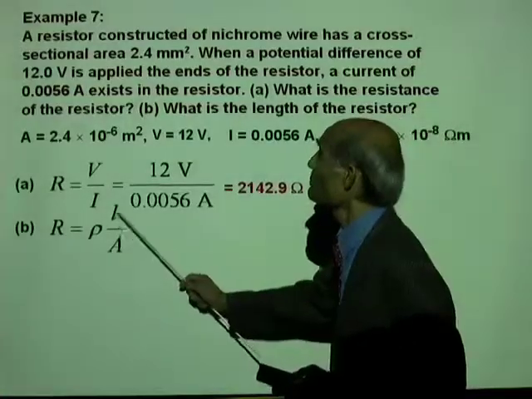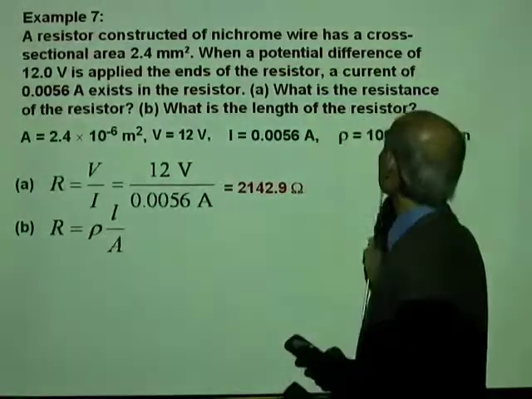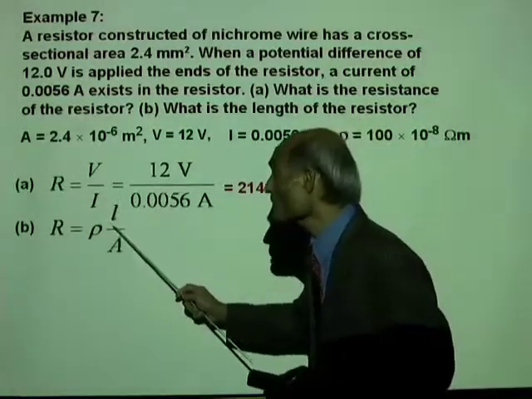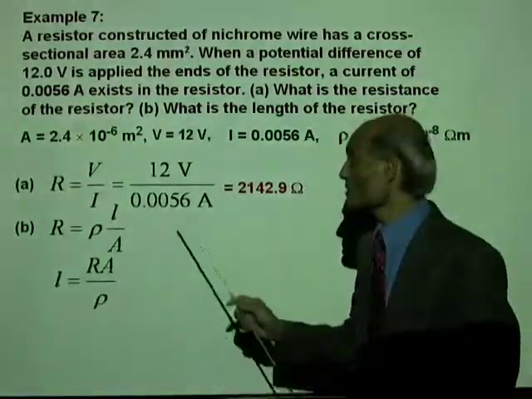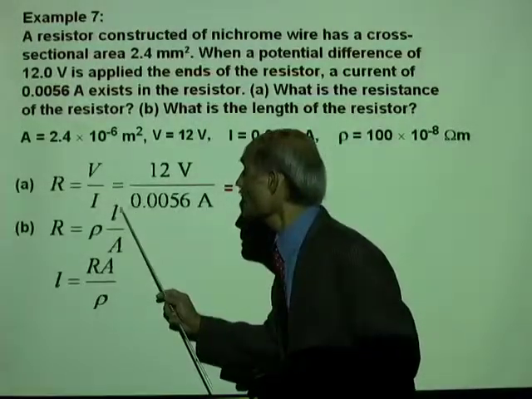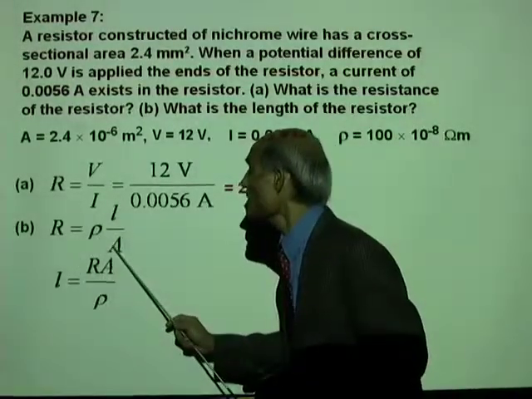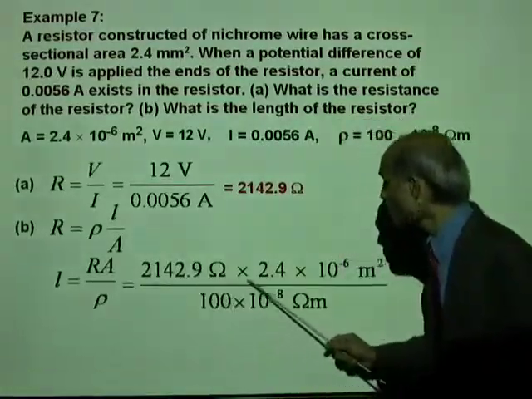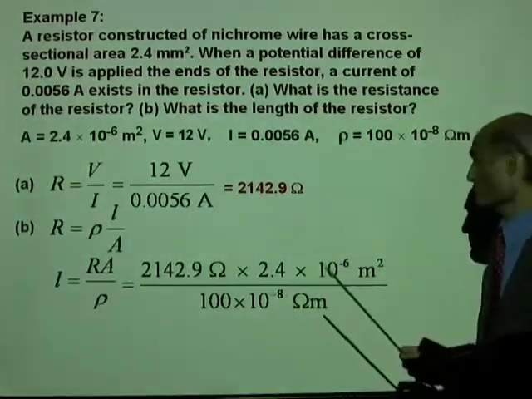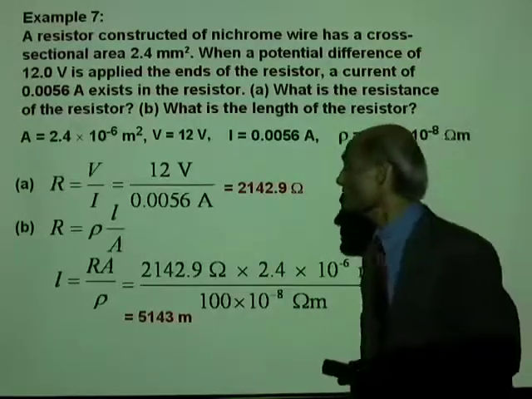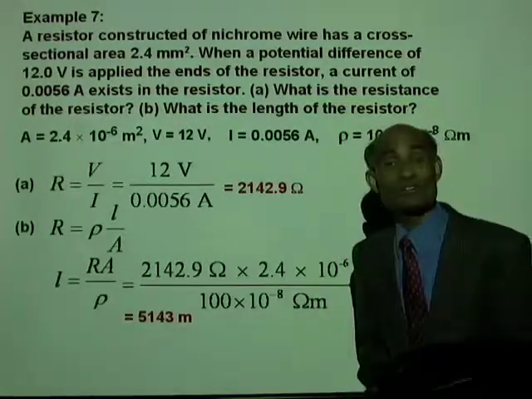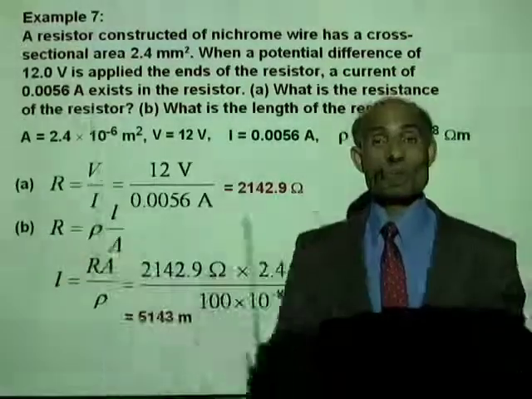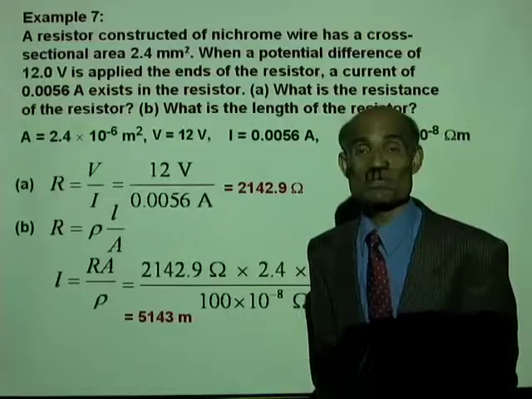We have rho, is that right? We have the area of cross-section, therefore we can calculate L. Solve for L. L equal to RA divided by rho, and put all those values that we have. That will be 5,143 meter. The length of that resistor is more than 5 kilometers.